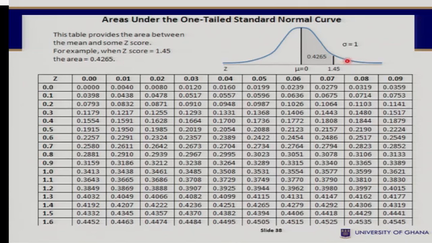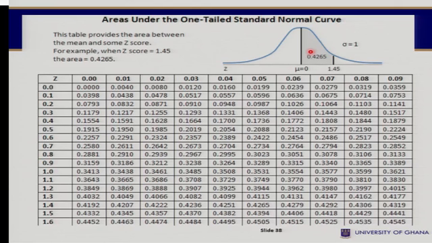So even if you want this unshaded area, to the right of 1.45, and you are using this particular table, all you do is find the shaded area and subtract it from 0.5, because the whole area to the right of mu equals 0 is 0.5.